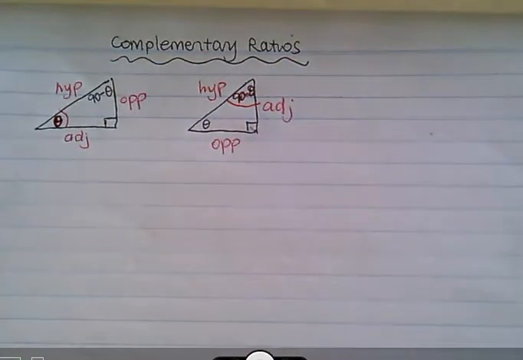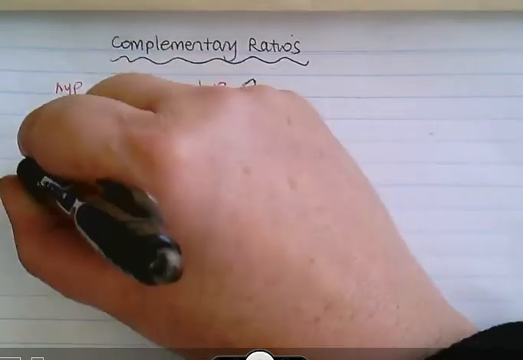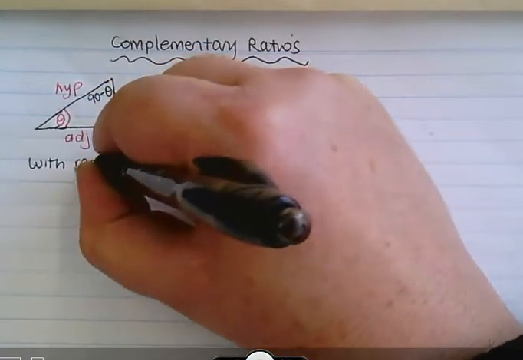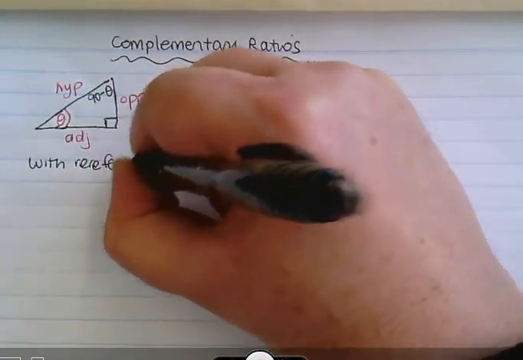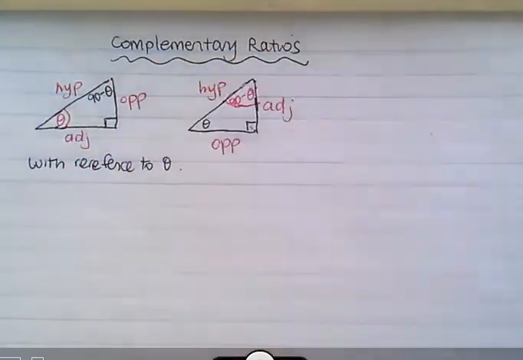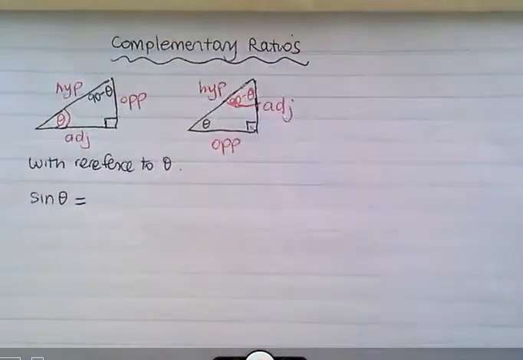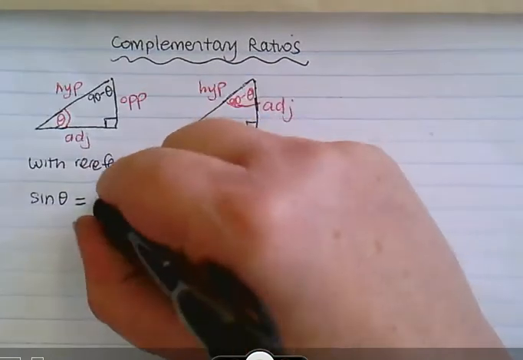It depends what your reference angle is. In the first triangle I'm referencing angle theta. So with reference to theta, what's sine theta equal to?